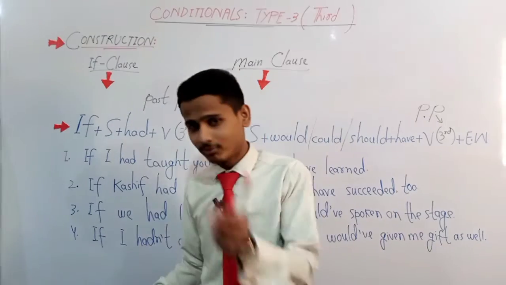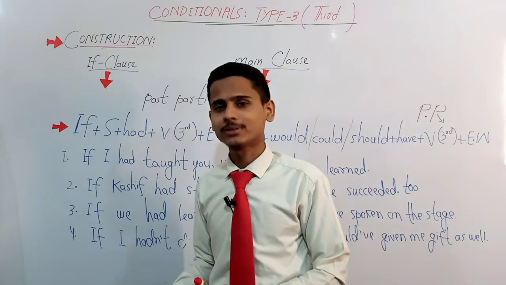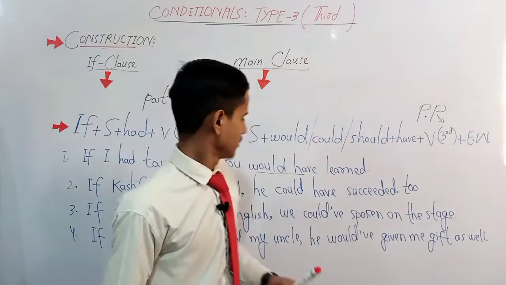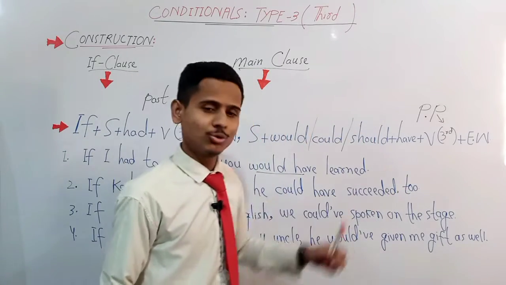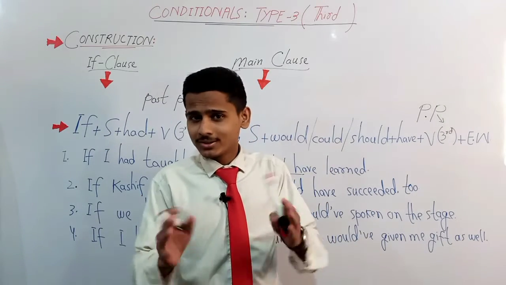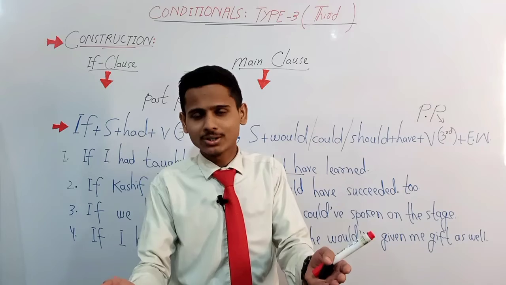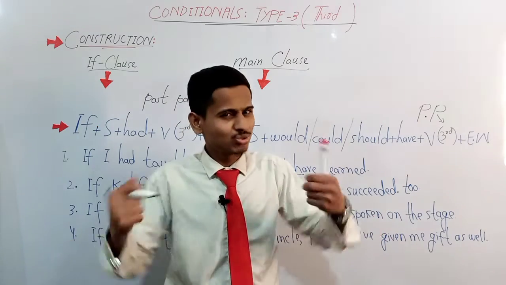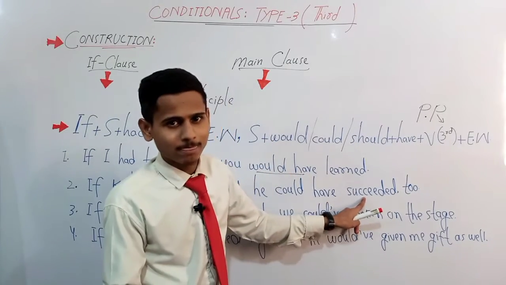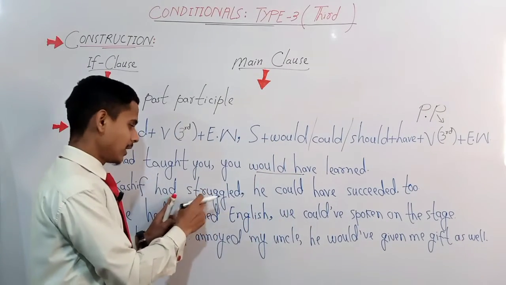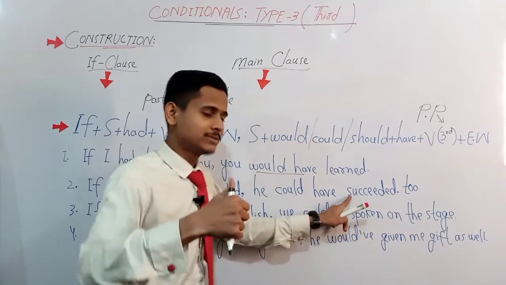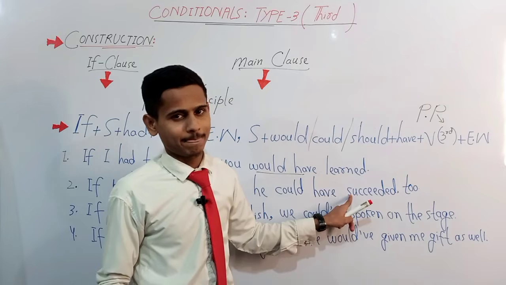Moving ahead to the second example sentence: if Kashif had struggled, he could have succeeded. Since Kashif didn't make any effort, he didn't struggle, so he did not succeed either. His struggling didn't take place, so his succeeding didn't take place either.